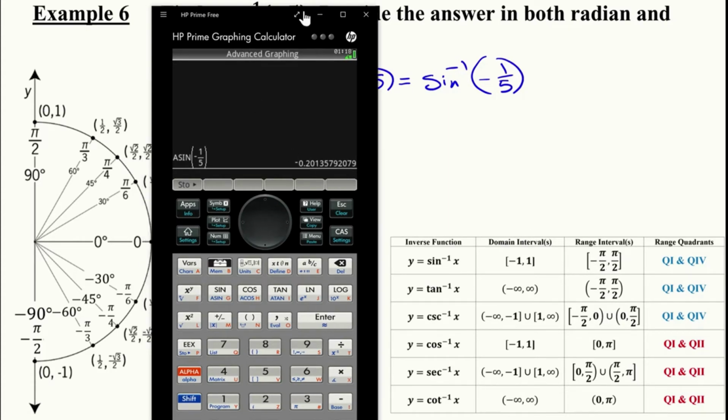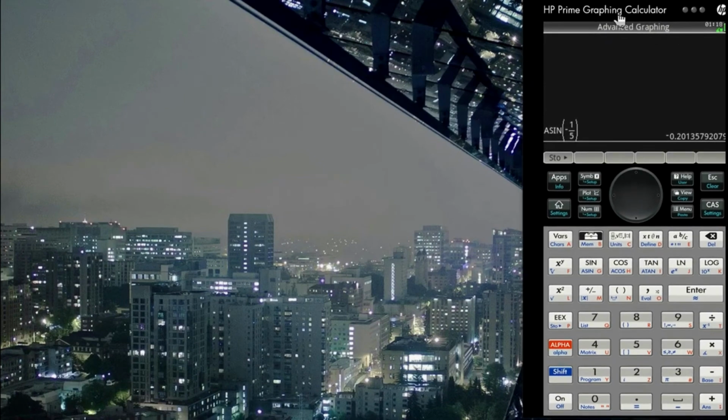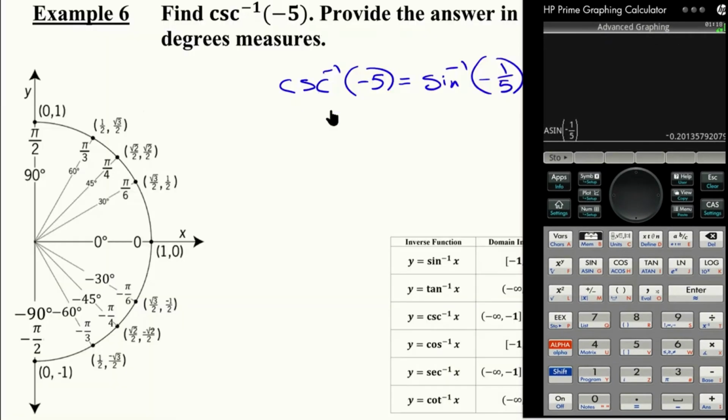Let's see. All right, these screens can be very touchy. Here we go. So we know the answer in radian mode, and we can just copy it and use it.